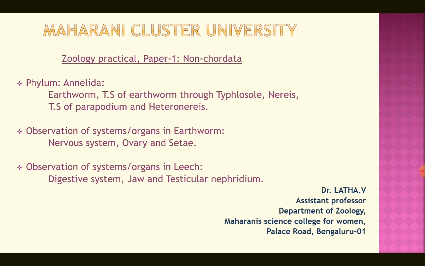Reproduction wise, they could be monoecious, hermaphrodites, or in some forms dioecious also. Development is direct in monoecious forms but indirect in dioecious forms. A free swimming trochophore larva is the characteristic feature of this phylum in case of indirect development. And asexual reproduction is also seen in some forms.